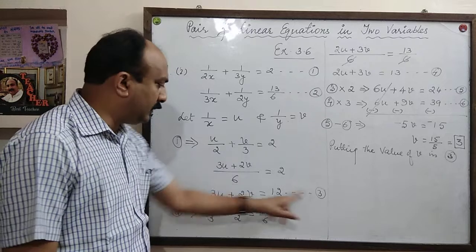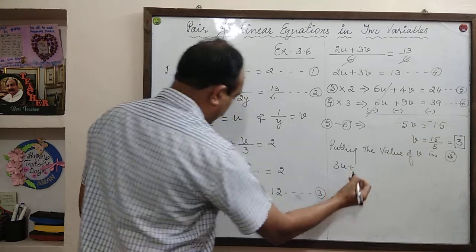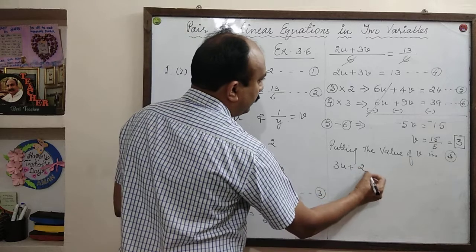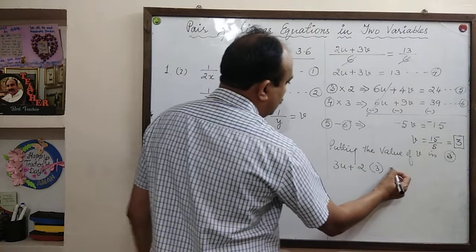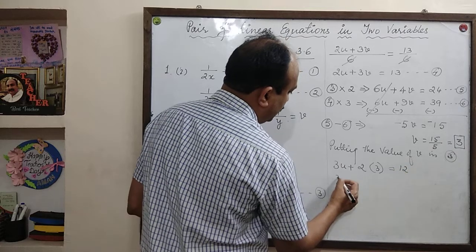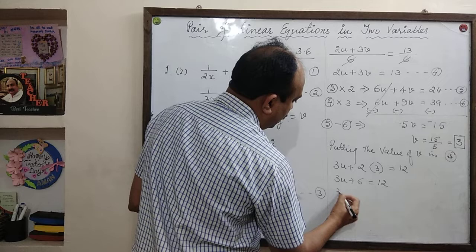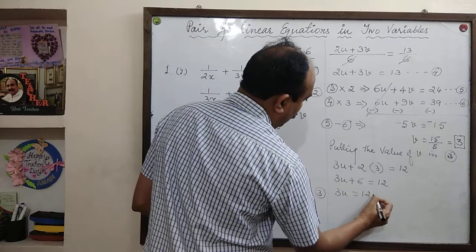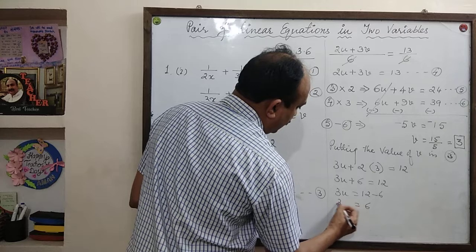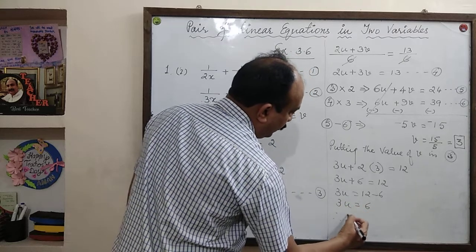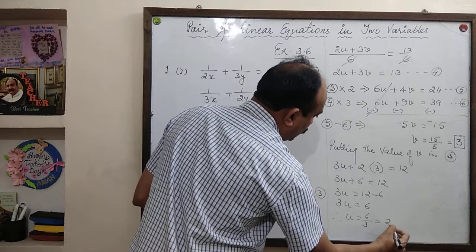That is 3u plus 2v, but the value of v is 3, so 2 into 3 is 6. That is 3u plus 6 is equal to 12. 3u is equal to 12 minus 6 is equal to 6. 3u equal to 6. Therefore, u is equal to 6 upon 3 is equal to 2.